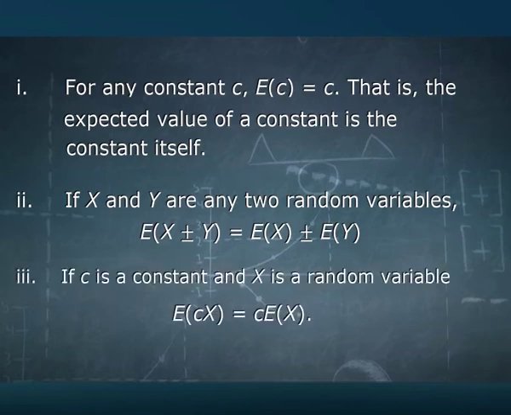Third thing, if small c is a constant and capital X is a random variable, then expected value of c times X will be equal to c times expected value of X. That is, the expectation of a constant times a random variable is the constant times its expectation.